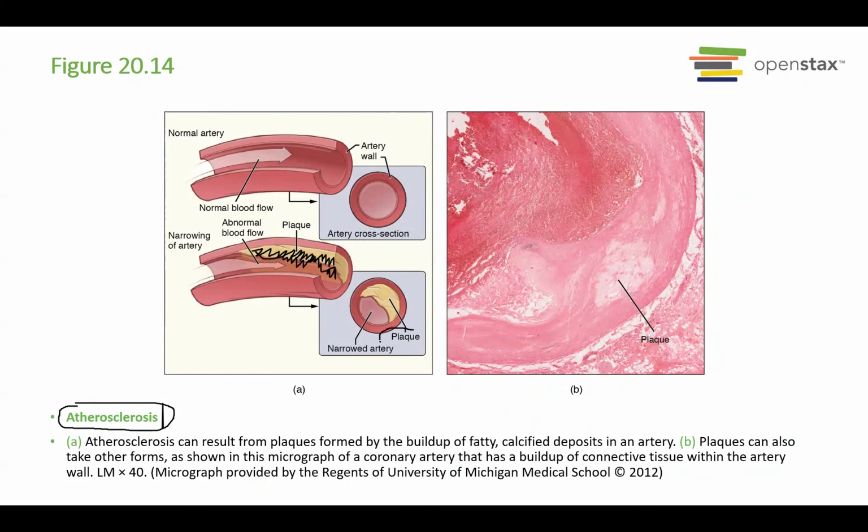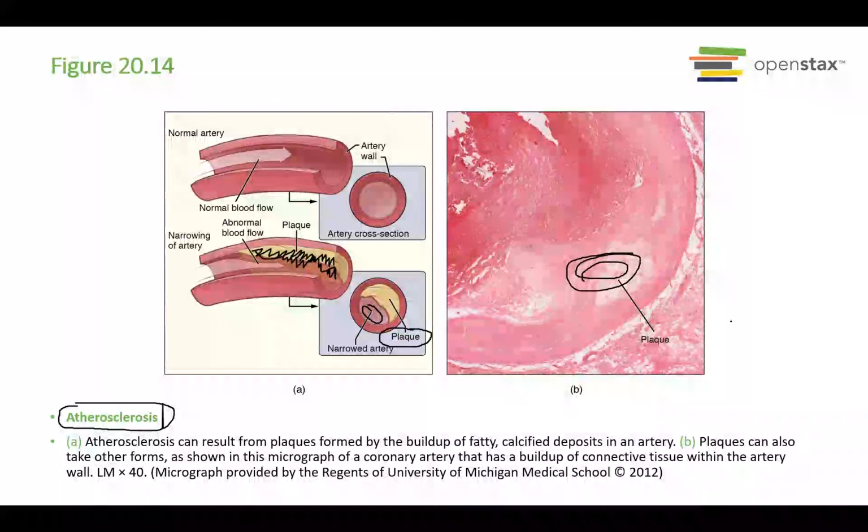This is also known as plaque. The plaque is usually created by lipid molecules such as cholesterol. It can cause the lumens of the arteries to become really, really narrow. And this is the plaque, the atherosclerosis, under the microscope. This is the one that can cause cardiovascular disease, or cardio arterial disease.